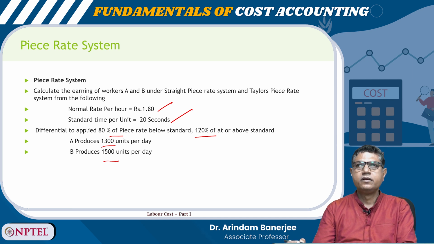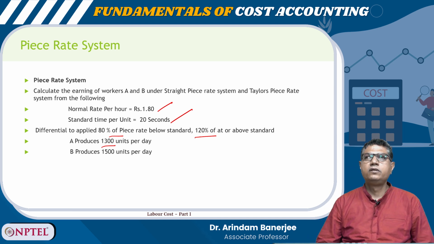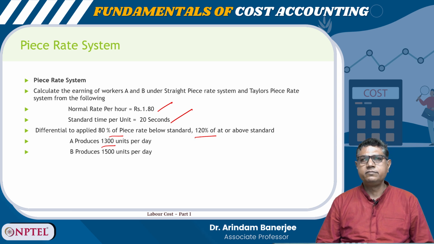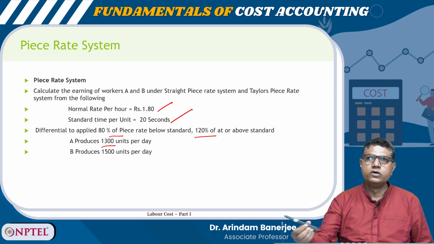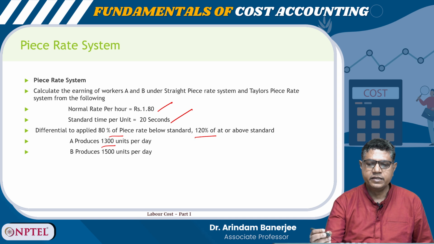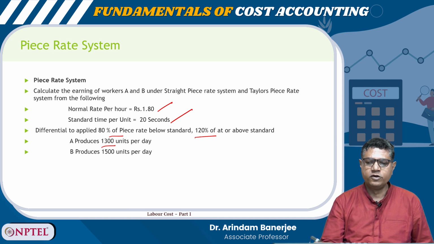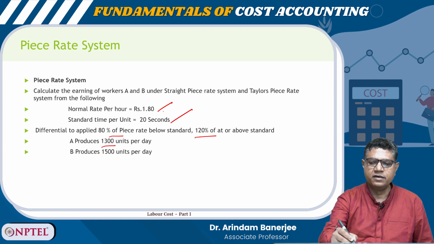We will now discuss an example of the straight piece rate system and the Taylor's differential piece rate system. So, here is one problem. There are two workers A and B, and the normal rate per hour is rupees 1.80 and standard time per unit is 20 seconds.